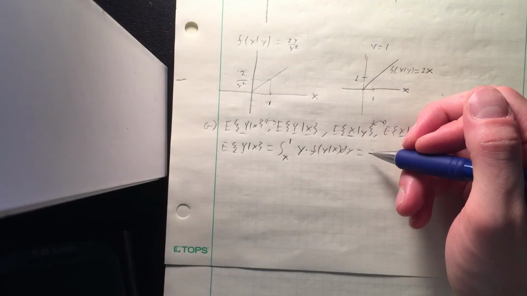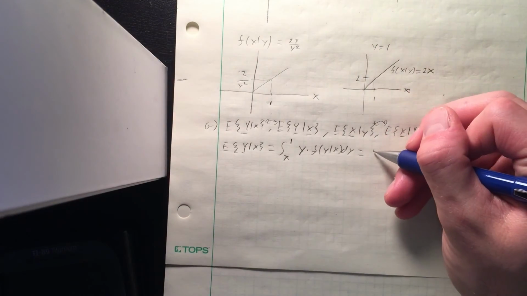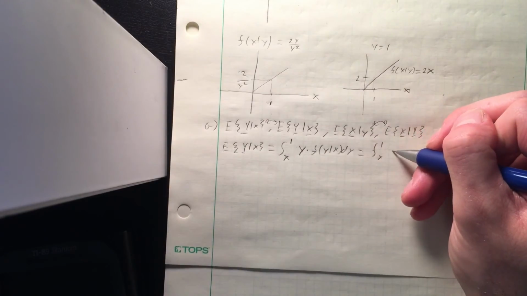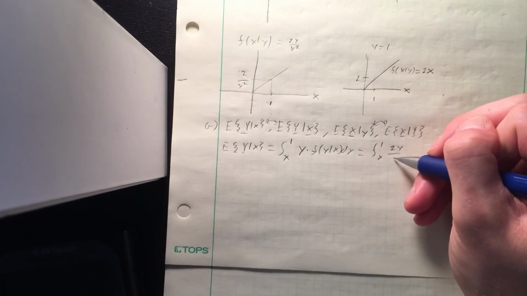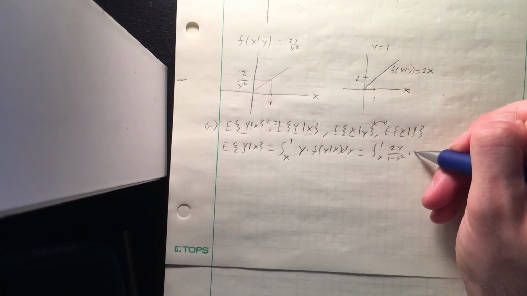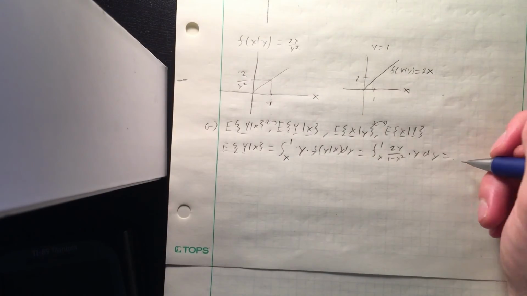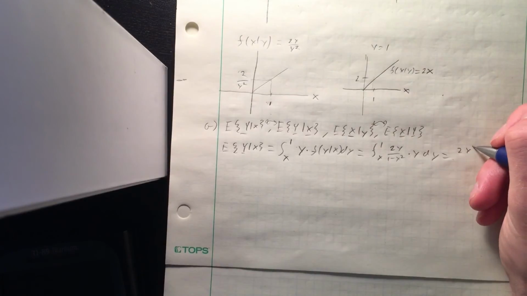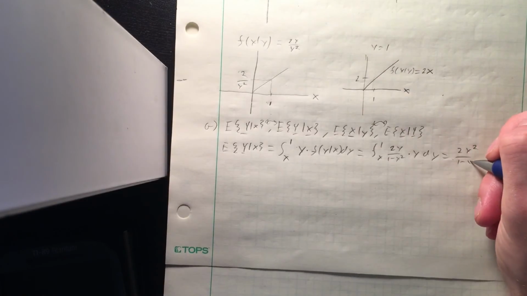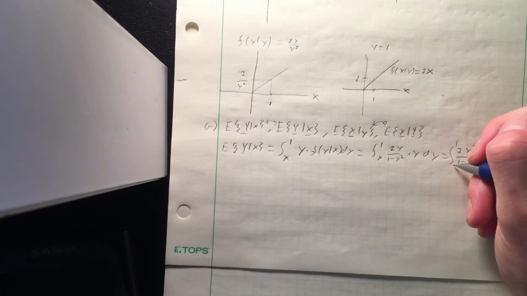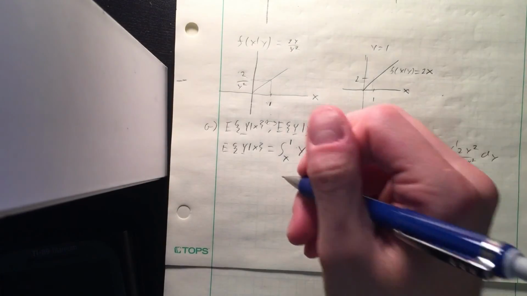And we just found that, so 2y over 1 minus x squared multiplied by y dy. So 2y squared over 1 minus x squared dy.